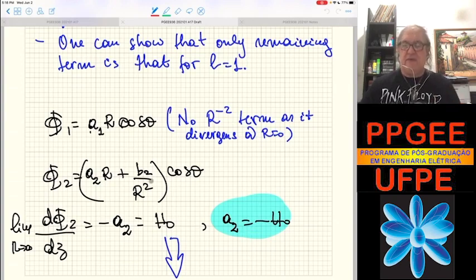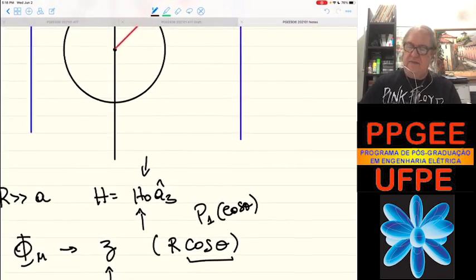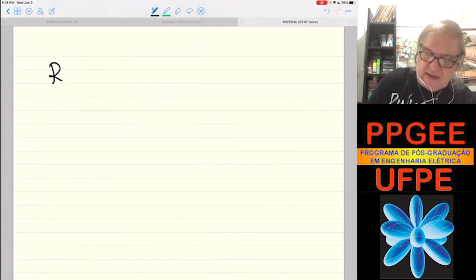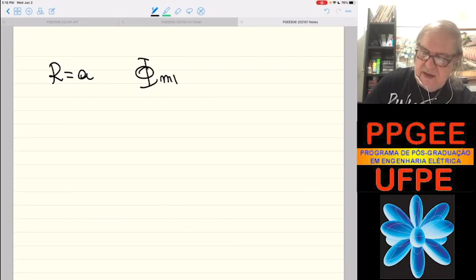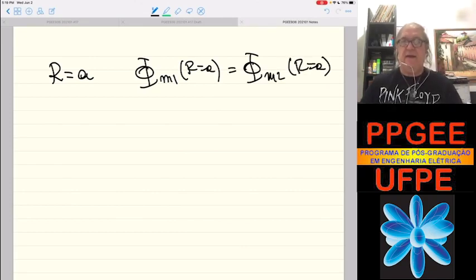Then we have boundary conditions on the surface. Just remember, the boundary condition at r equals a: magnetic potential 1 at r equals a equals magnetic potential 2 at r equals a. Okay? That's the first condition.